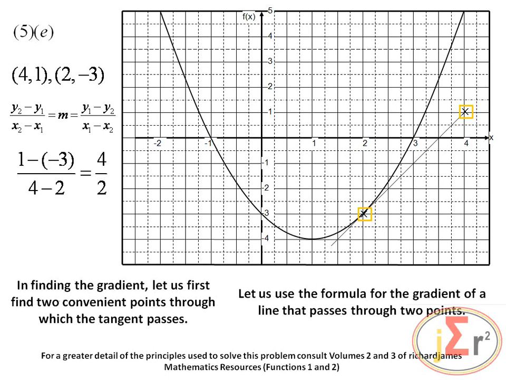So let us do that. So we have 1 minus negative 3, that is what we have there, over 4 minus 2. And we have 4 over 2, 4 to be divided by 2, which is equal to 2. So the gradient is equal to 2.